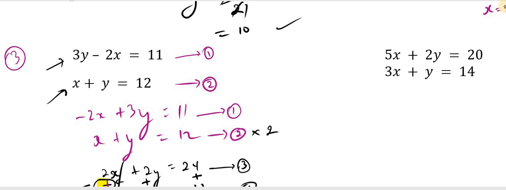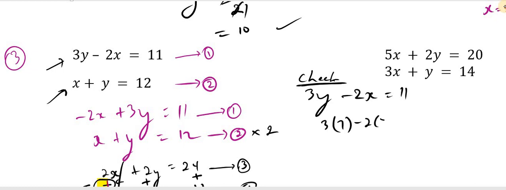So we know this will actually work because that's what we substituted in. 3y minus 2x equals 11. We said that y is equal to what amount? 7. So that's 3 times 7 minus 2 times 5, right? Will we get 11? Let's see. 3 7s, 21. 2 fives, 10. And 10 from 21 is 11. You can clearly see that we got that.